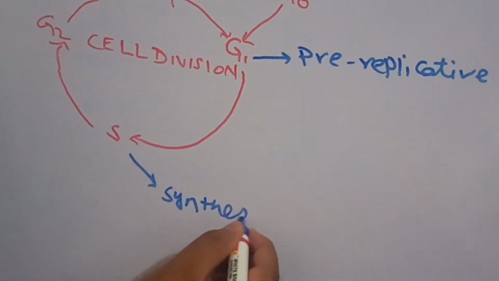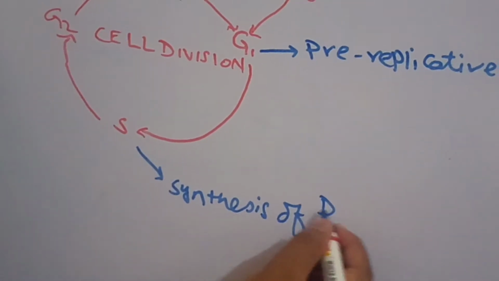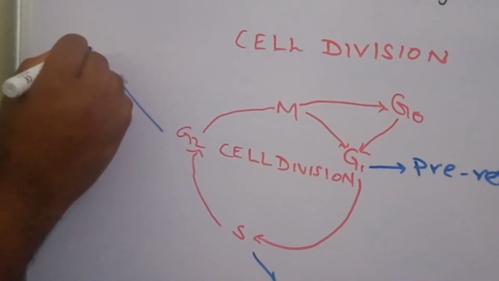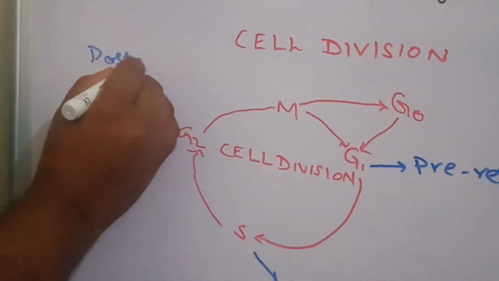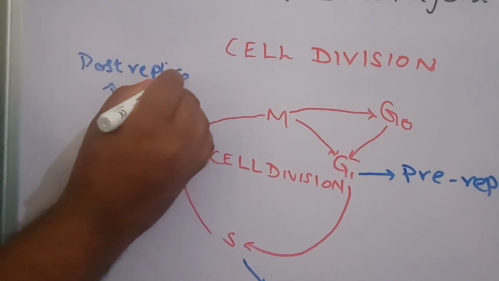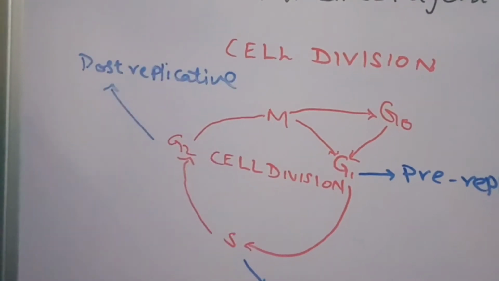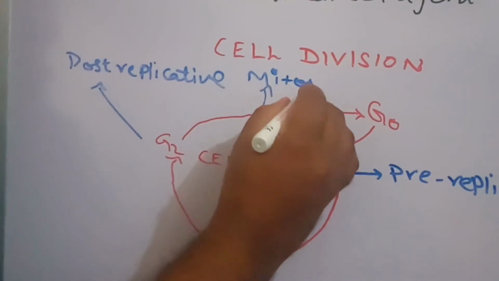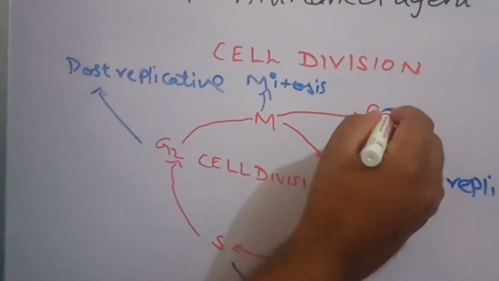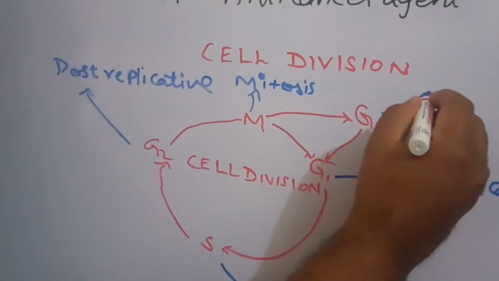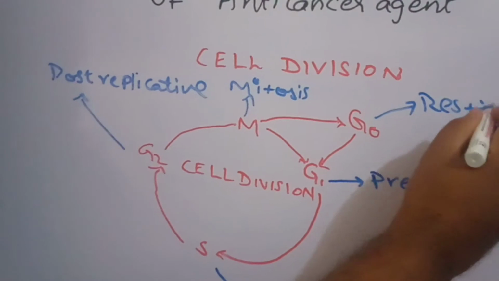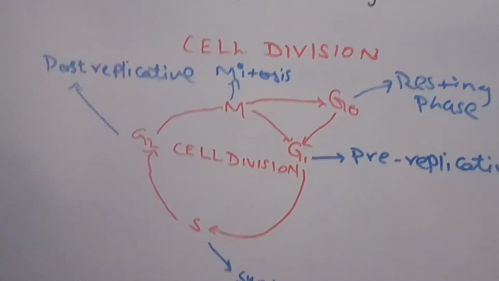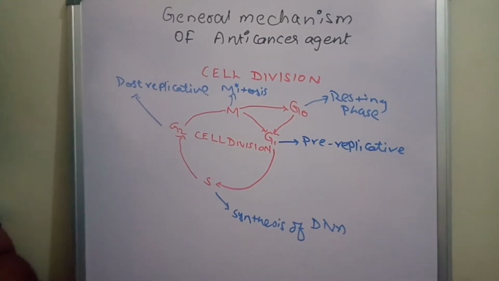G2 is the post-replicative phase. And M is the mitosis phase. Whereas G0 is the resting phase. So how does cell division take place?